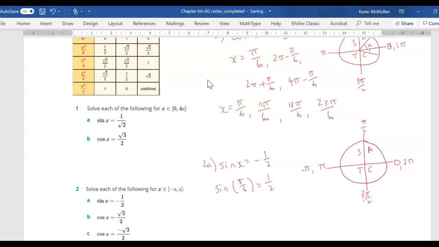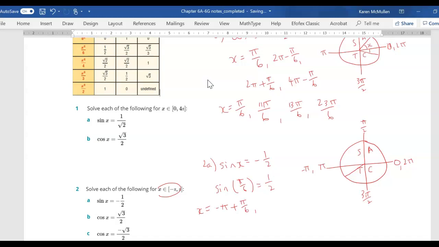Okay, so we're negative for sine in the 3rd and the 4th quadrant, where tan and cos are positive. So our first solution is going to be negative pi, because remember our domain is here. So negative pi plus, so we're here, plus pi on 6.